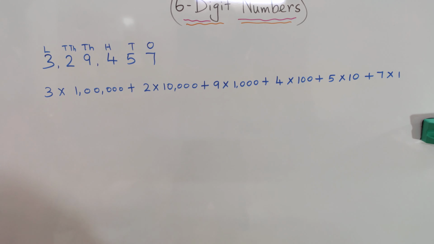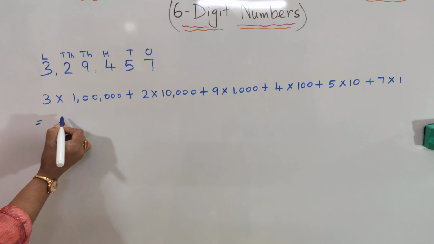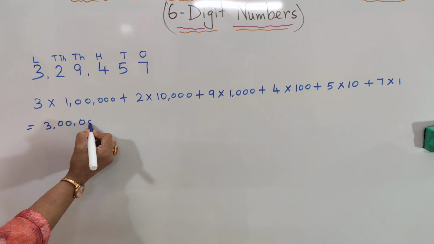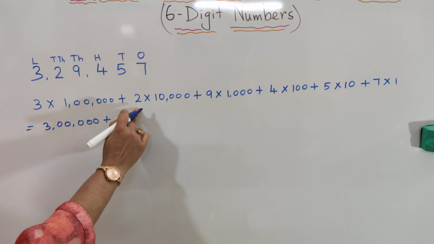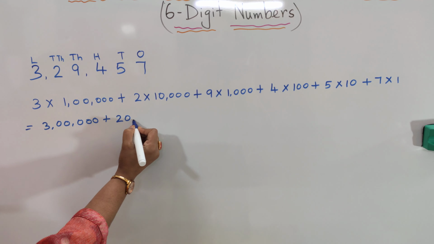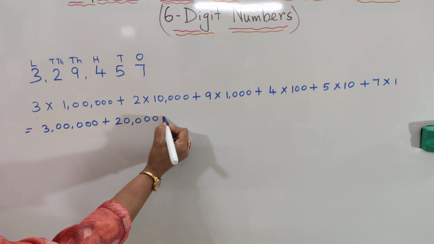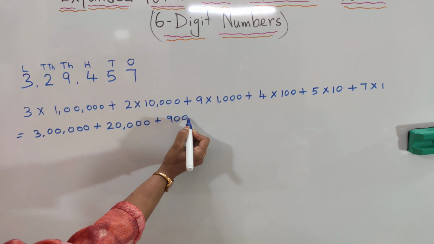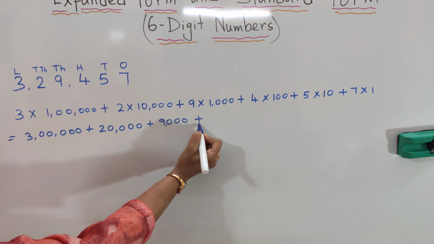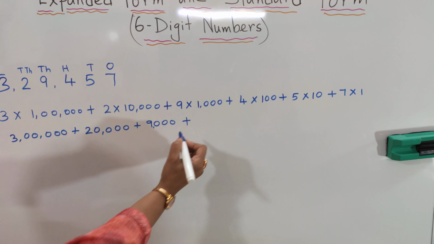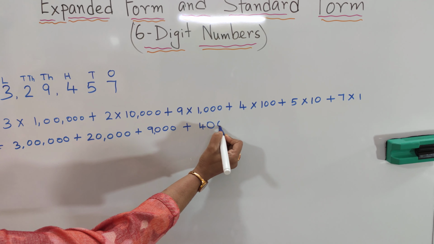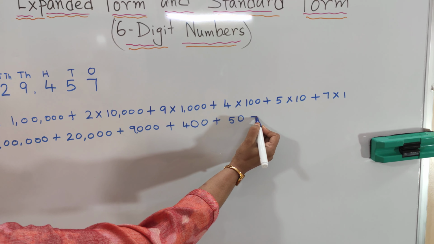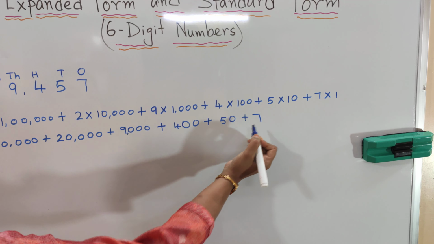Now we will multiply this number. So 3 times 1 lakh is 3 lakh, plus 2 times 10,000 is 20,000, plus 9 times 1,000 is 9,000, plus 4 times 100 is 400, plus 5 times 10 is 50, plus 7 times 1 is 7.